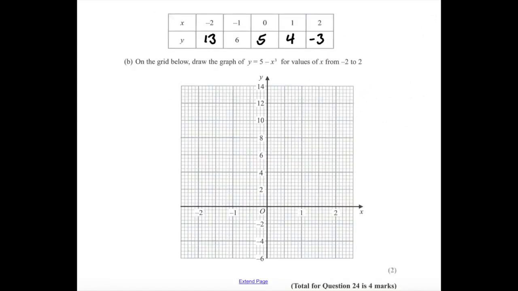Question 24 B. On the grid below, draw the graph of y equals 5 minus x cubed for the values of x from minus 2 to 2. So what we need to do now is plot the points on the graph. So we have minus 2 and 13. Minus 2 is over here, go all the way up here, 1, 2, and 13 is here.